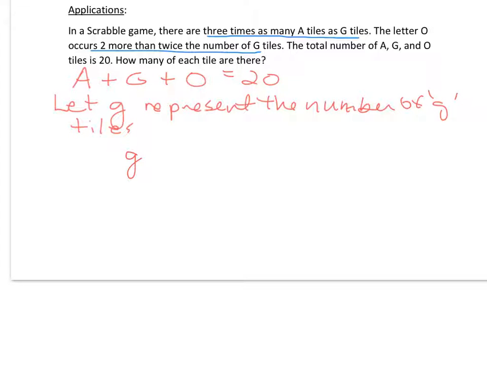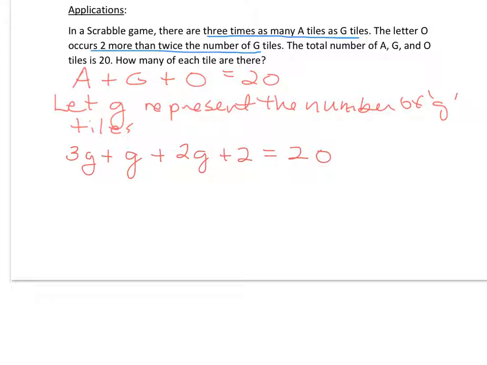Now there are 3 times as many A tiles as G tiles, which tells us that we could write the number of A tiles as 3g, because the A tiles are 3 times as many as the G tiles. And then let's take a look at the O tiles. The O occurs 2 more than twice the number of G tiles. So twice the number of G tiles is 2g, and 2 more would be plus 2, equals 20.